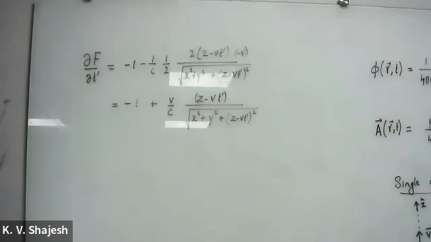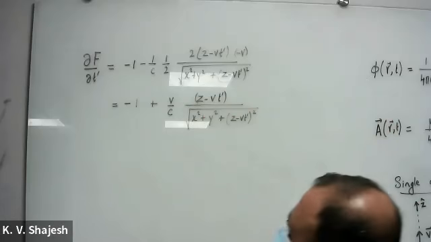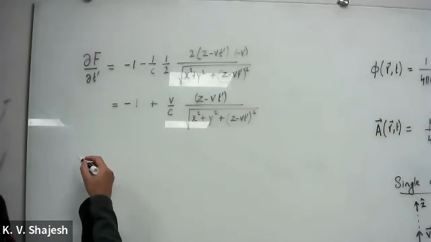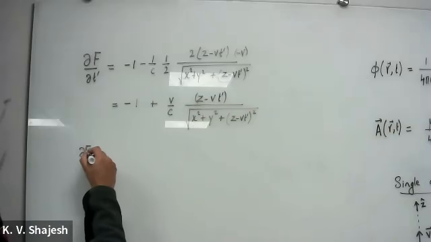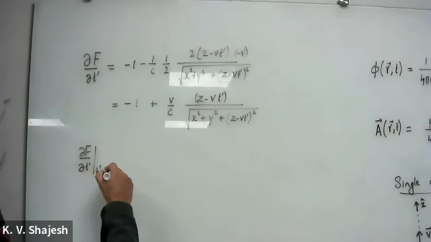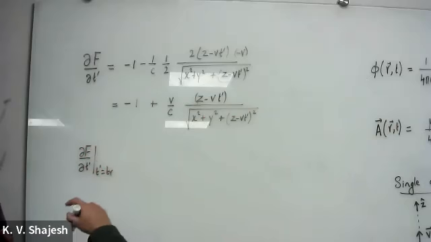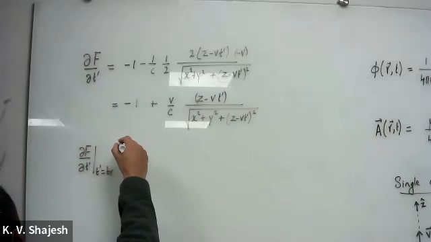I will be interested in when the evaluation is done at tR. So this is dt prime at t prime equal to t of r. And I have to take the magnitude also, right?